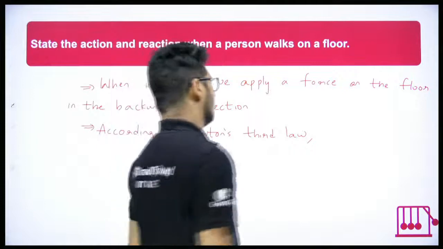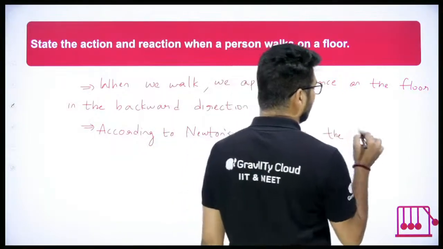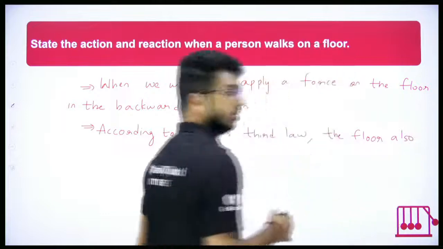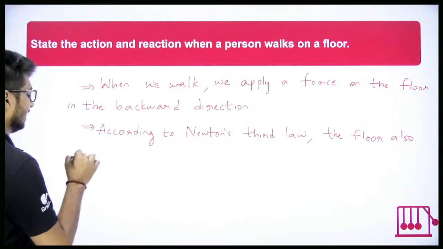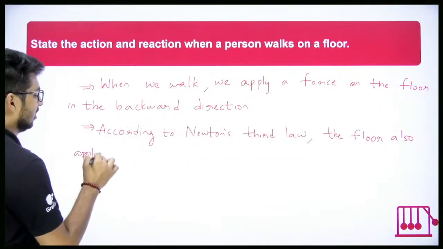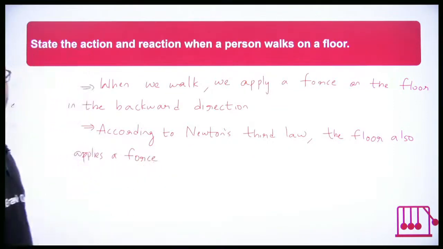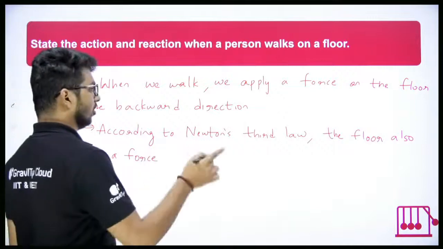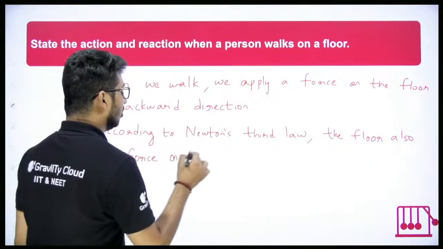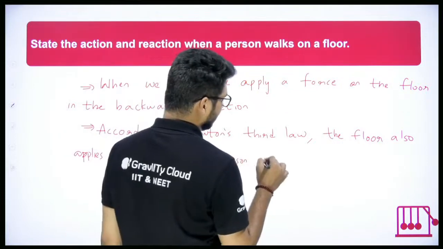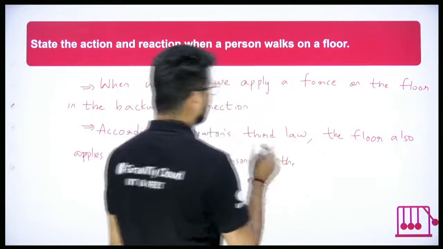According to Newton's third law, the floor also applies a force, but on whom? The floor also applies a force on the person in the opposite direction. But what is opposite here?